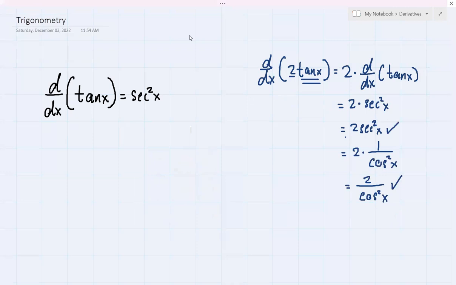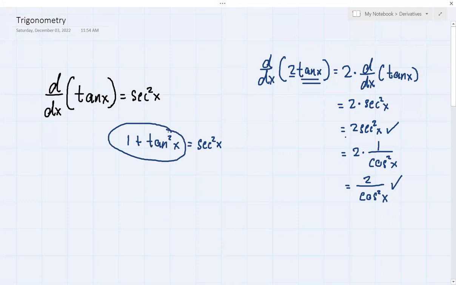Now, meron tayong identity na tinatawag natin na Pythagorean identity. Okay? So, in here, 1 plus tangent squared x is equal to secant squared x. So, ibig sabihin nun, we can just simply substitute the expression 1 plus tangent squared x dito. Okay?